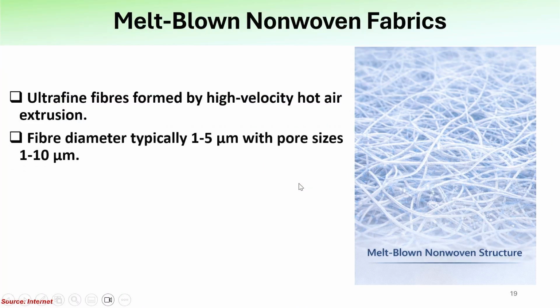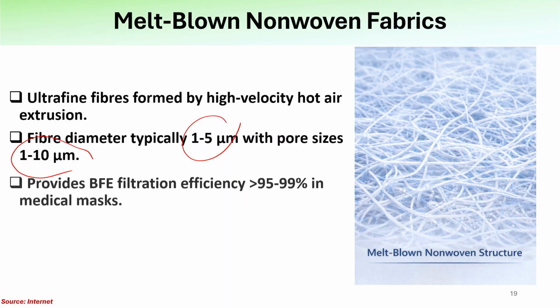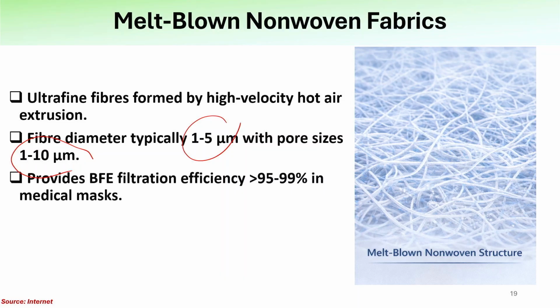Melt-blown has ultra fine fibers, basically 1 to 5 microns, with pore size between 1 to 10 micron. So, it provides bacterial filtration efficiency of 95 to 99%.